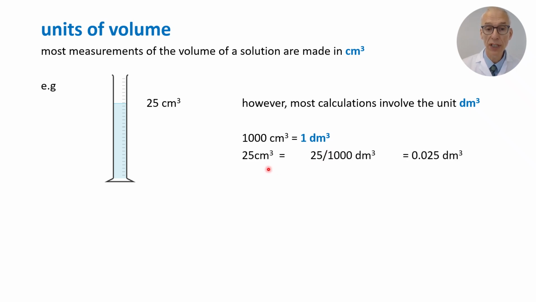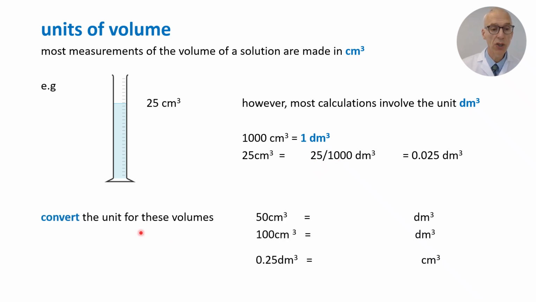So 25 centimeters cubed is equal to 0.025 dm cubed. How do I achieve that? I divide 25 by 1000. To turn centimeters cubed into decimeters cubed, I divide the number of centimeters cubed by 1000.